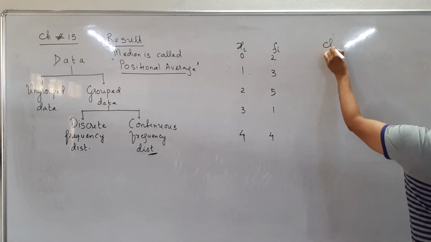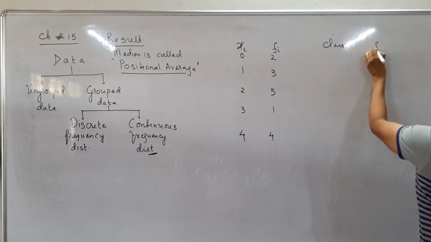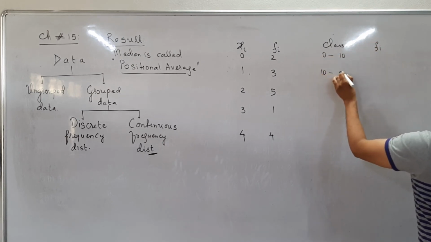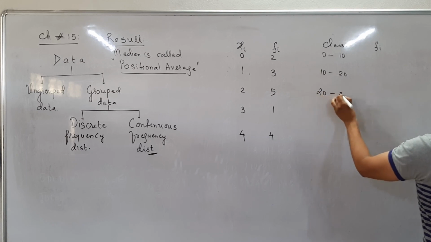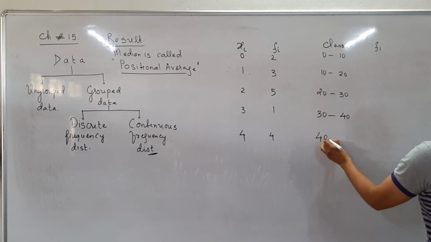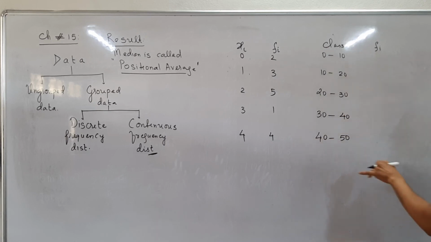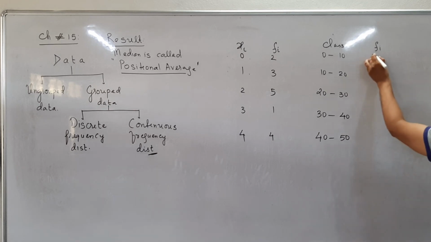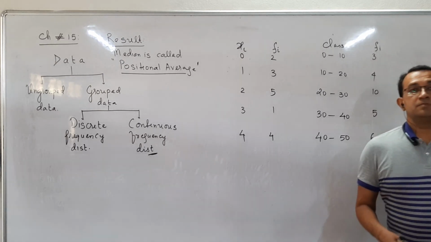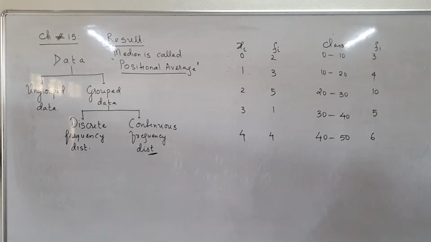Then say classes and fi: 0 to 10, 10 to 20, 20 to 30, 30 to 40, 40 to 50. Say this is daily wages earned by laborers, and these are number of laborers. Now, here daily wage can vary.